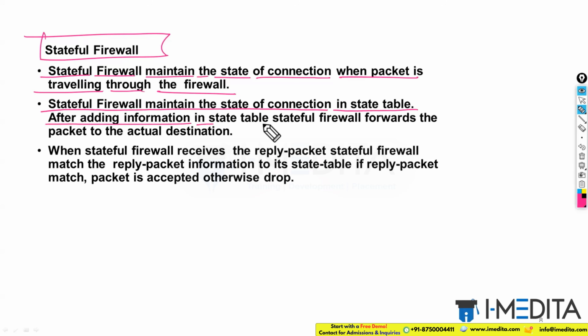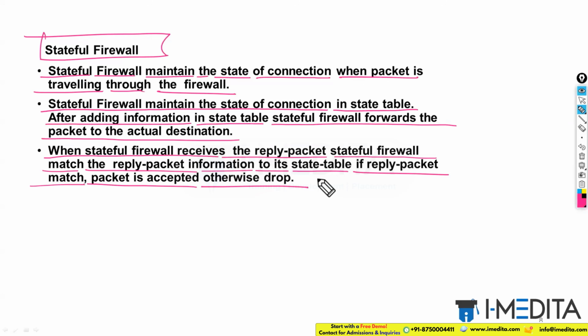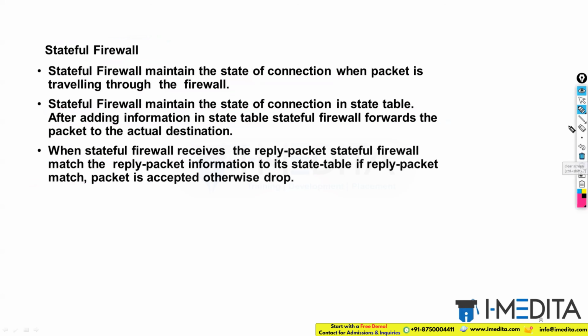After adding information to the state table, the stateful firewall forwards the packet to the actual destination. When it receives the reply packet, it matches the reply packet information to its state table. If the reply packet matches, the packet is accepted, otherwise the packet is dropped. If the information matches the database, the reply will be accepted, otherwise dropped.